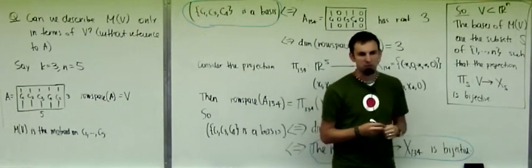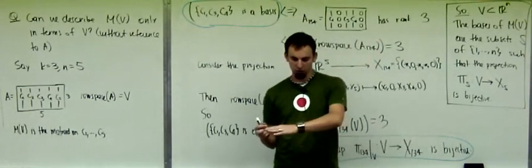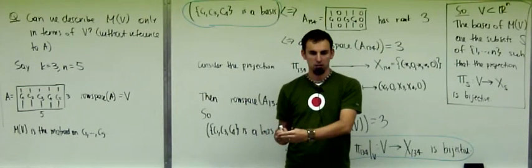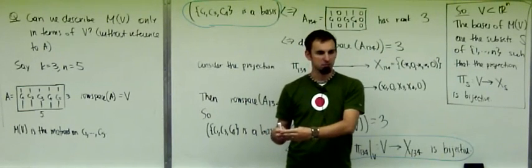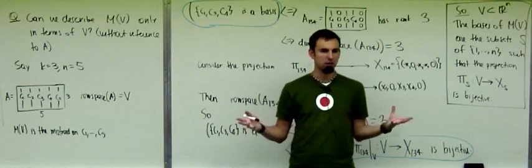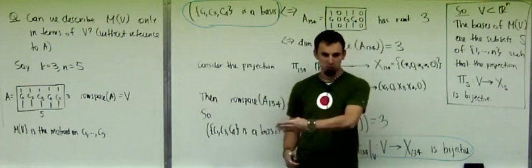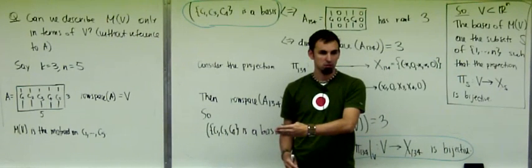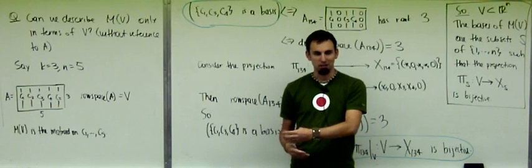For example, if you're projecting onto the x-axis, when is that not bijective? Let's say that you're in three-dimensional space, projecting onto the x-axis. When is that not bijective? Yeah, that almost never happens.